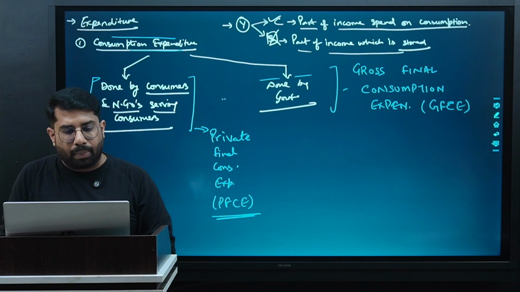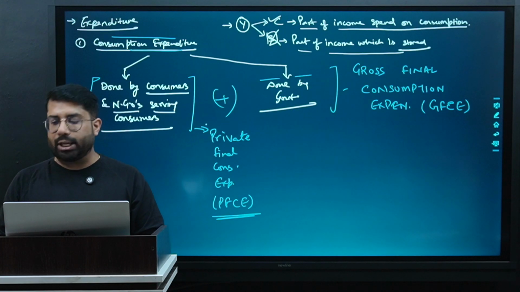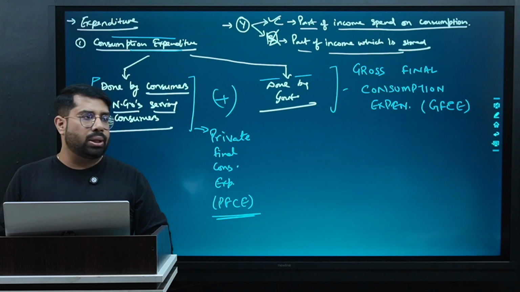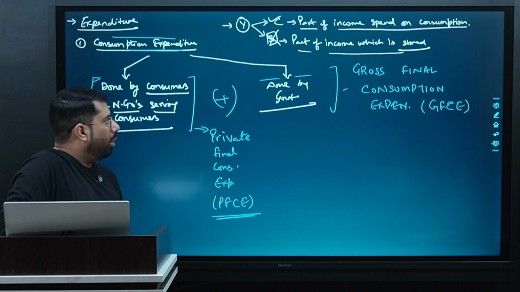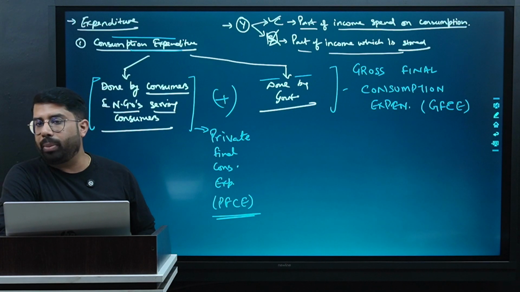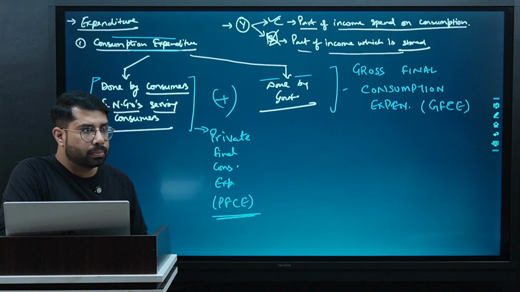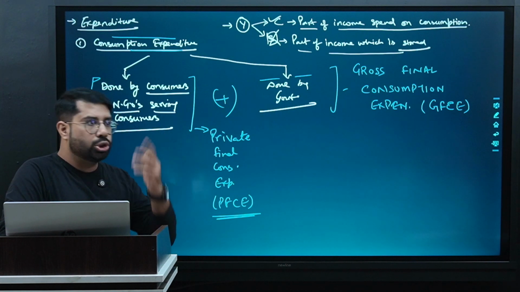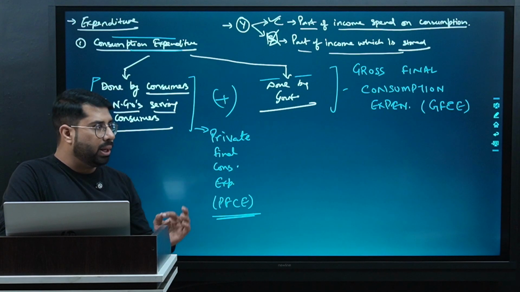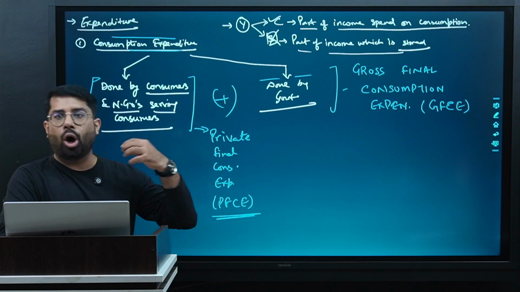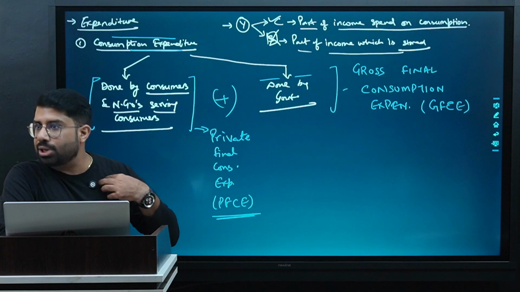Now the second part is, sir, expenditure on consumption done by the government. Sir, what type of money will government spend which will be assumed as consumption here? Look, directly government will not consume anything. Whatever money government is spending on us directly, we are consuming these services.